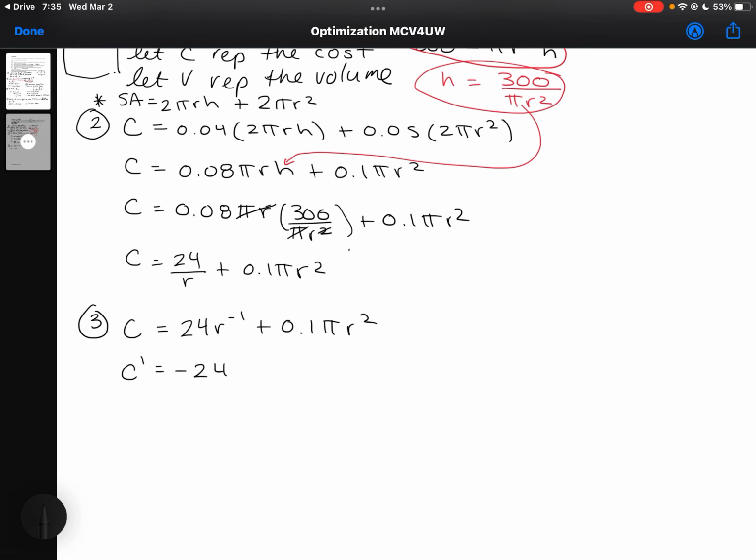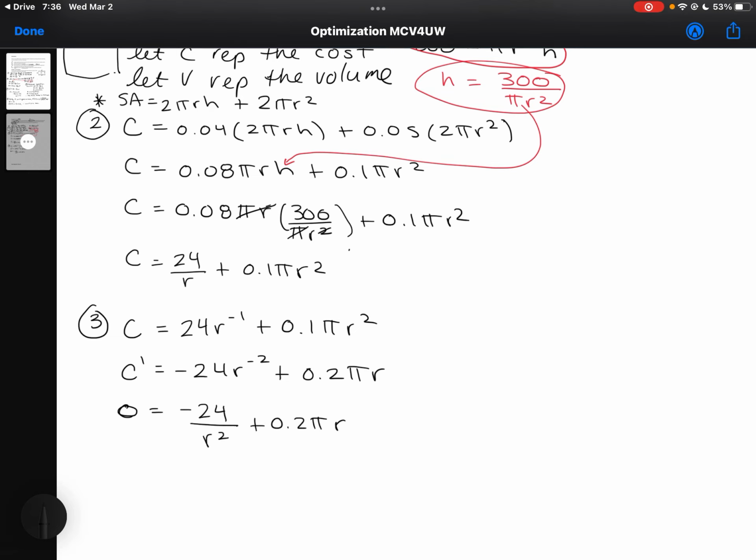So my derivative is minus 24 r to the minus 2 plus 0.2 pi times r. So now what I want to do here is set this equal to 0. So that means that I want to solve this equation right here.